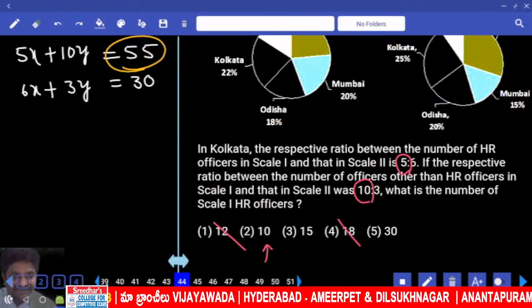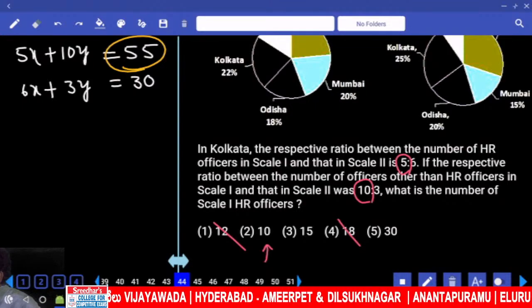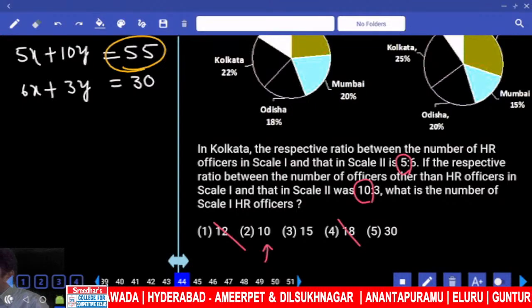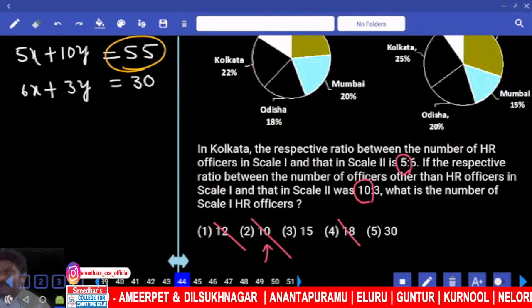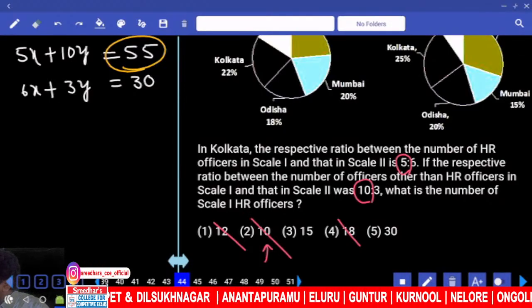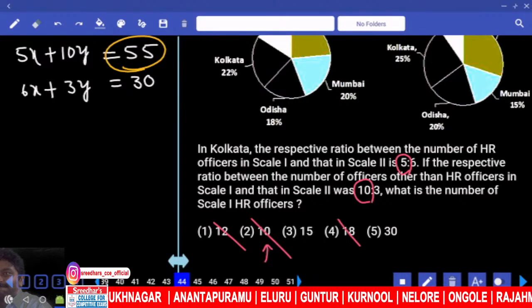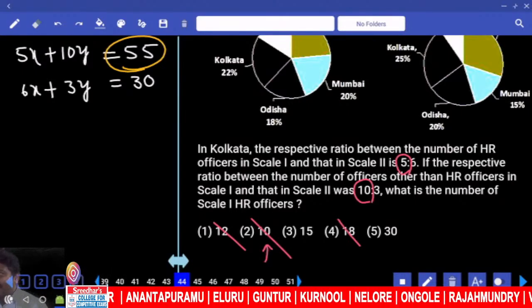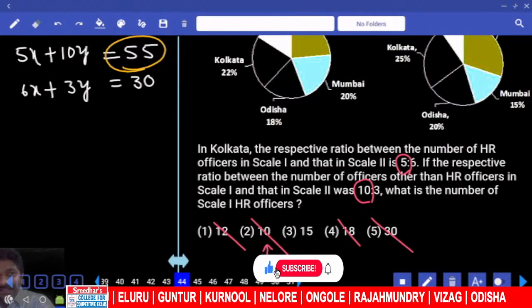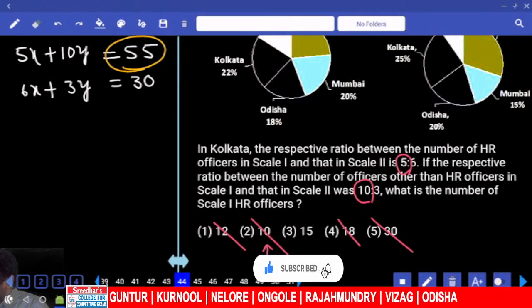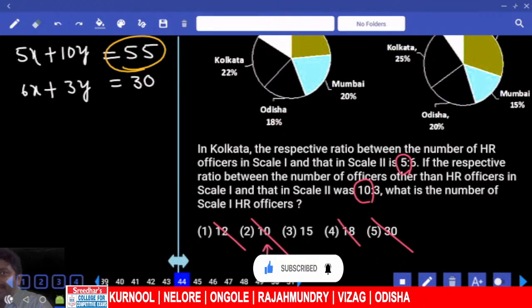Non-HR officers in scale 1 should be 10 parts, right? It should be a 10 multiple, but how much do you have? Can it be a 10 multiple? Eliminate. So the answer should end with 5. If 10 is not satisfying, obviously 30 also will not satisfy. Last digit verification. Yes. The answer should end with 5. Close. That's all. Next.